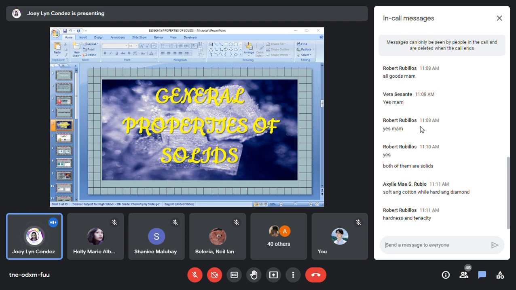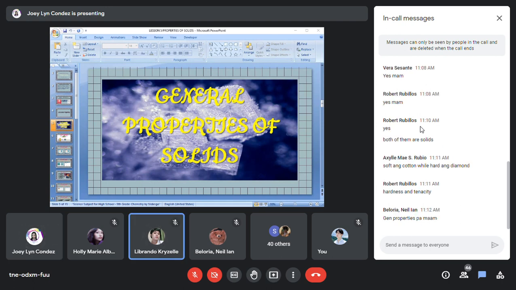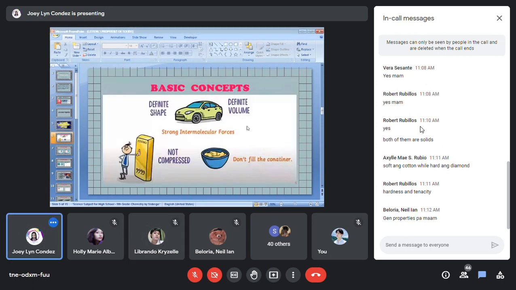Basic concepts. Yes, okay. So let's have here the basic concepts of solids.